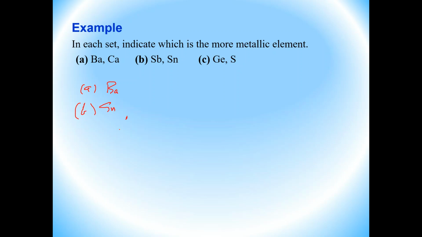And then when you compare germanium to sulfur, germanium is in group 4A, sulfur is in group 6A. But sulfur is more to the top and more to the right than germanium. So therefore, in this particular case, germanium would be the more metallic element. All right, so that basically answers that.